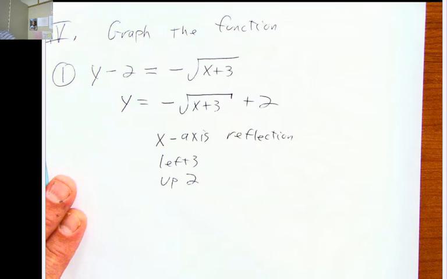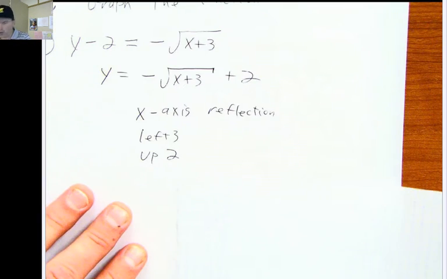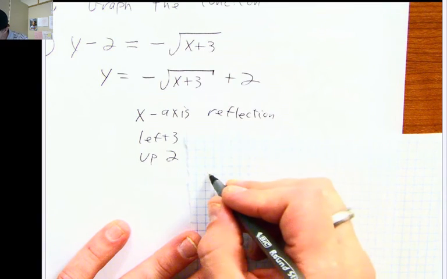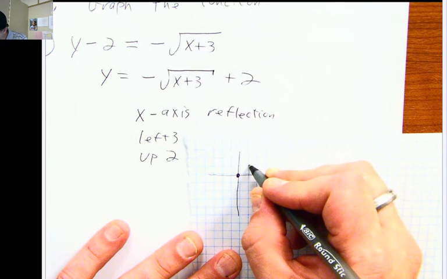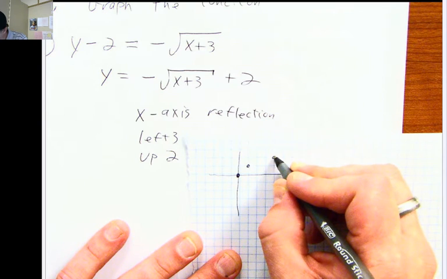And I like showing both a graph paper and a non-graph paper approach. Here is a graph paper approach. If you think about your parent function, the parent function has these points at 0, 0, 1, 1, and 4, 2.